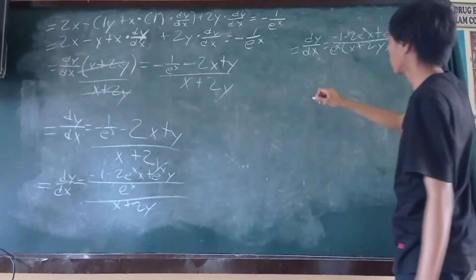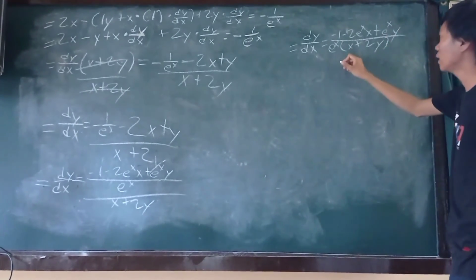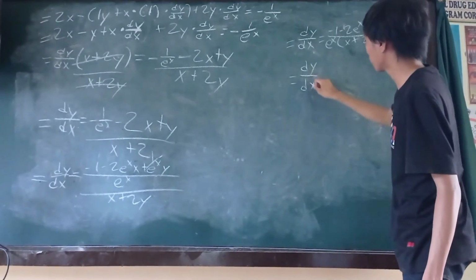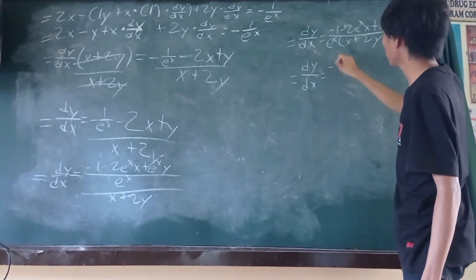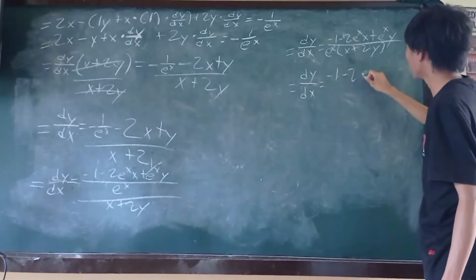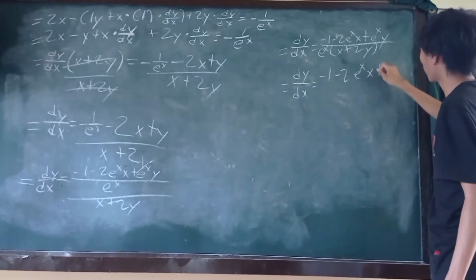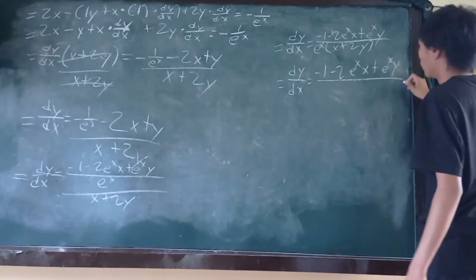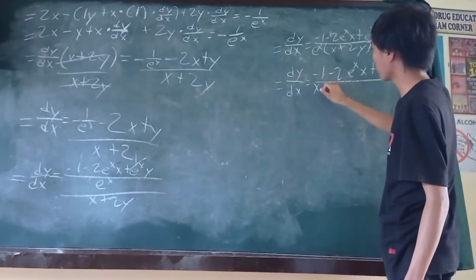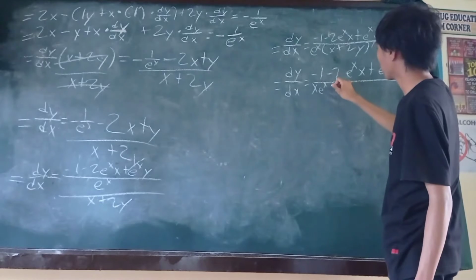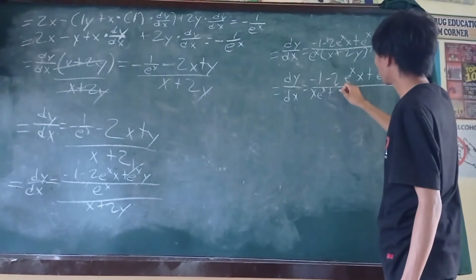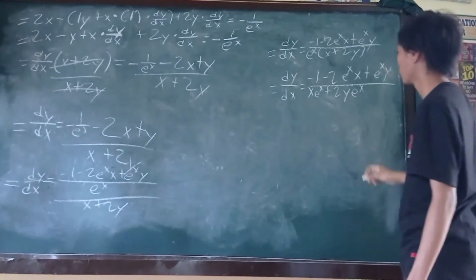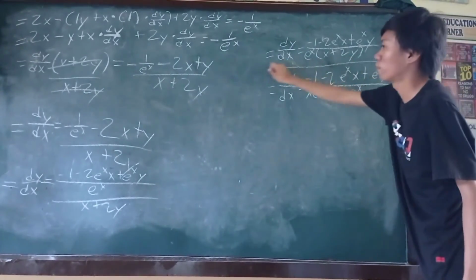Then distribute the e raised to x. So dy over dx is equals to negative 1 minus 2x e raised to x plus y e raised to x over x e raised to x plus 2y e raised to x. So this is the final answer of number 1.